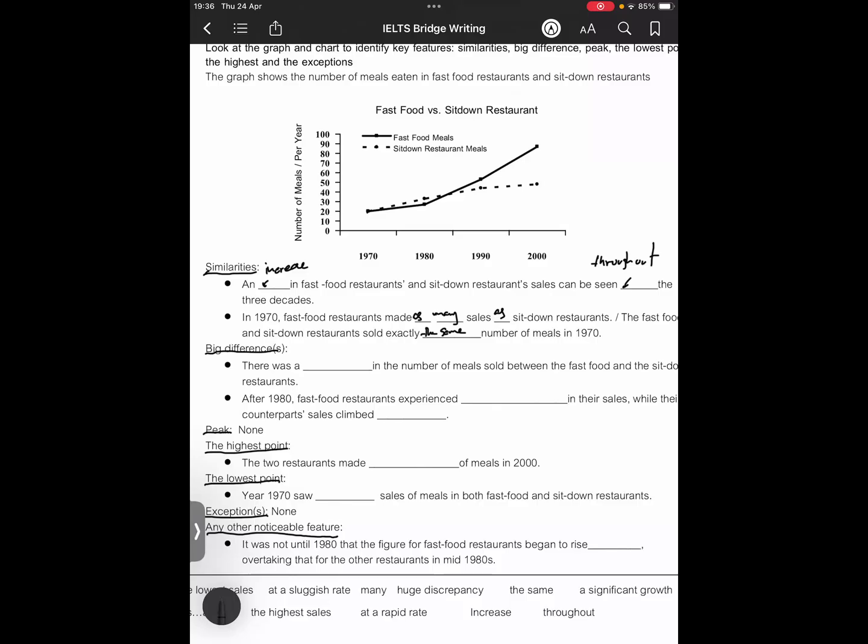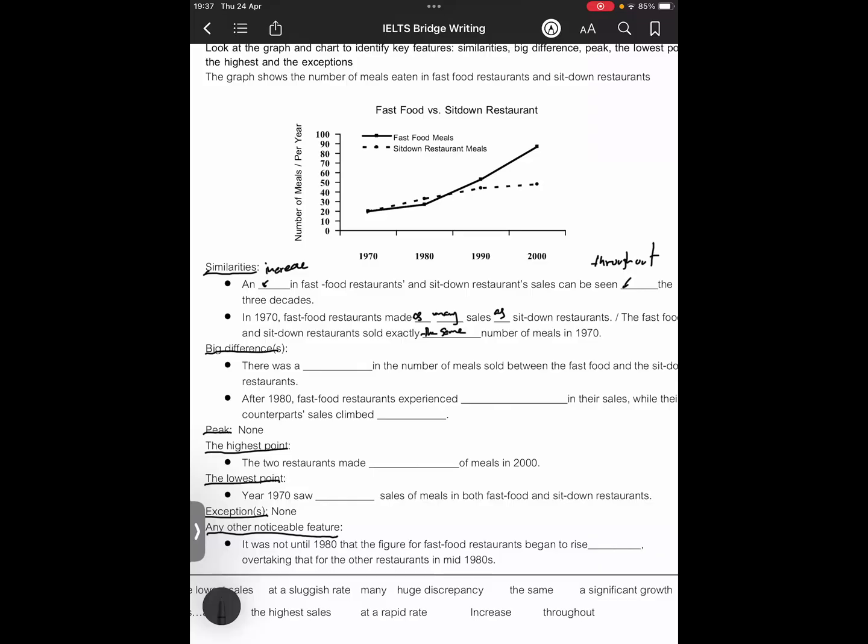The other is looking at specific coordinates in this Cartesian curve. That specific coordinate is what the two functions have in common, right? So these two functions, the fast food function and the sit-down function, seem to have the same y value when the x value is at 1970.